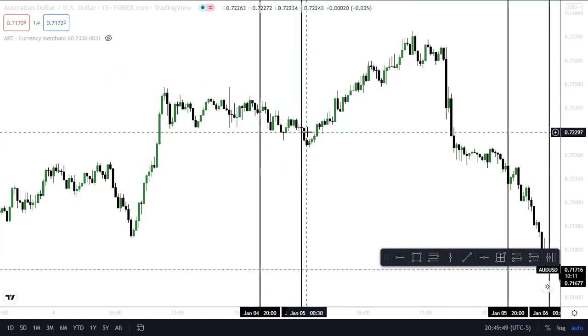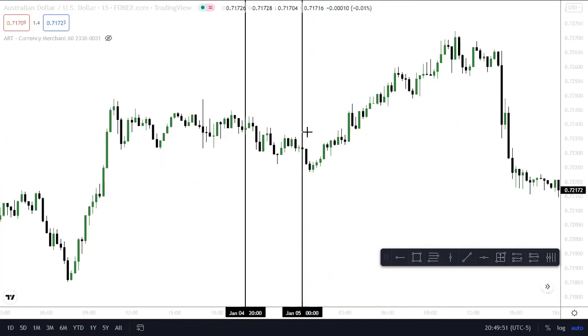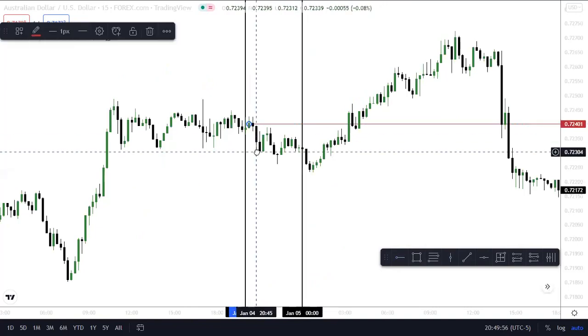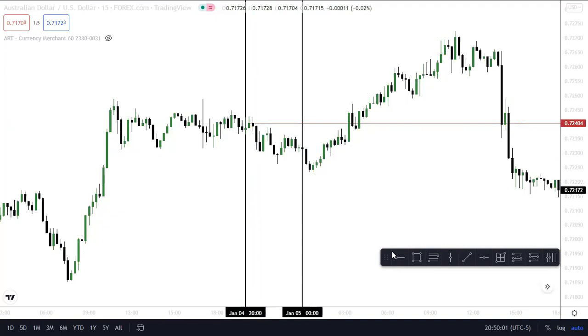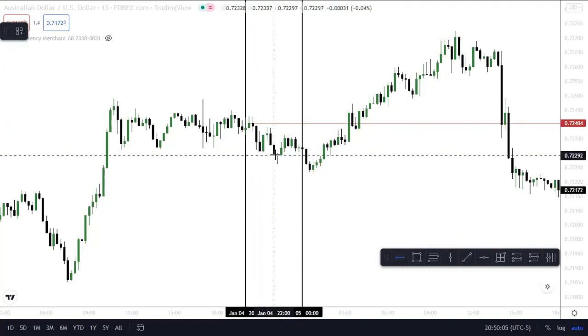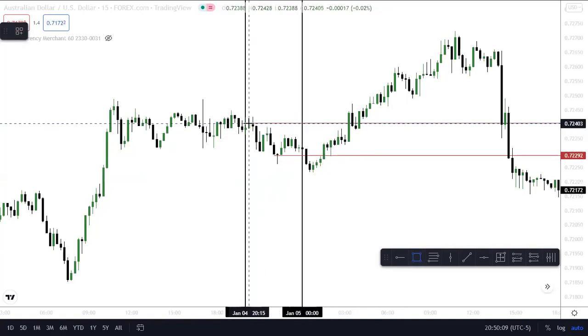Let's zoom up. Now that you've included time, I'll have to be precise. This right here is the highest candle body in the Asian range, and this right here is the lowest body in the Asian range. So I have my box around those.